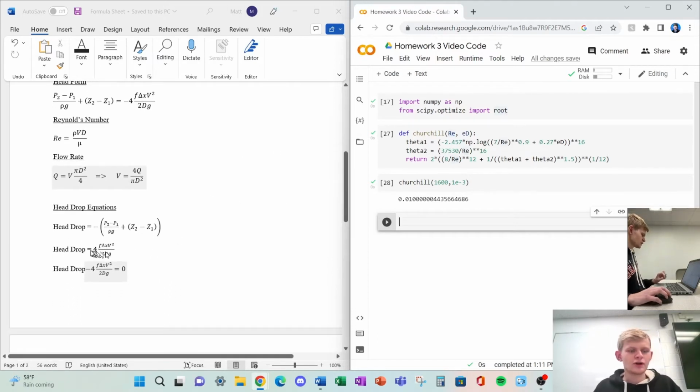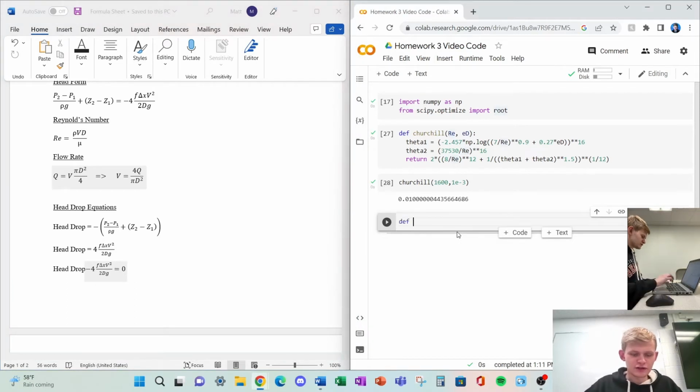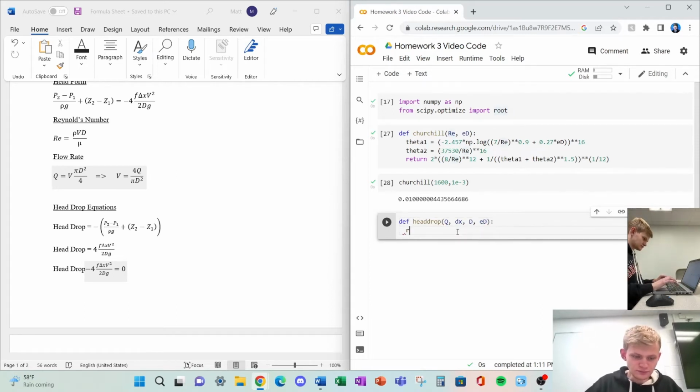So coming down here, we set out our head drop equation as such. So we're going to define a function called head drop. And we need a couple parameters. We need our flow rates. We need our length of the pipe, which is going to be dx, but we're just going to say that's going to be the length of the pipe. We also need our diameter, and we also need our surface roughness. And then working backwards, as I said before, we're going to type in our equation over here.